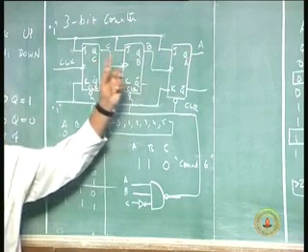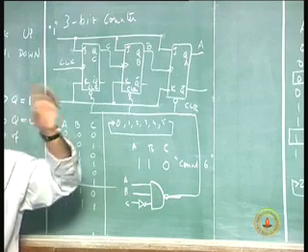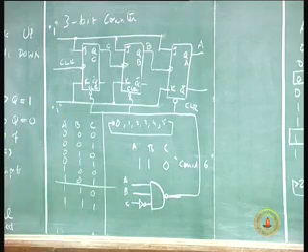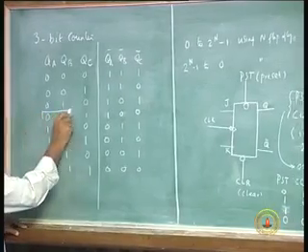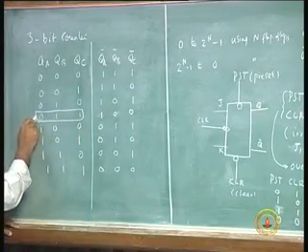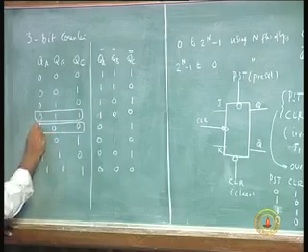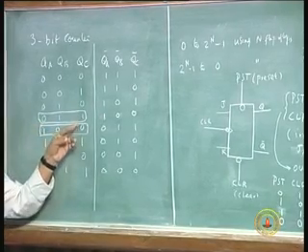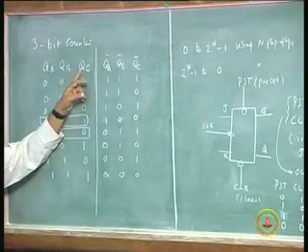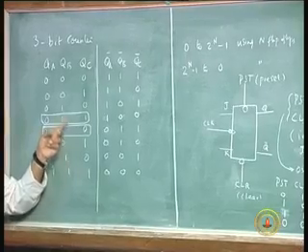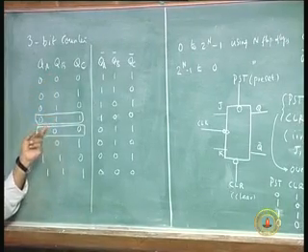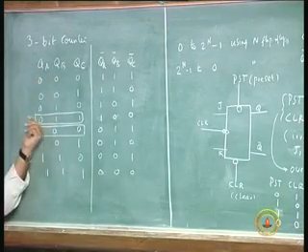So when a count changes, let us go through this. Supposing I have this count, and I am applying the clock here, the next count is this. The first flip flop, the C flip flop, has to become from 1 to 0, the B flip flop has to become from 1 to 0, and the A flip flop has to become from 0 to 1.